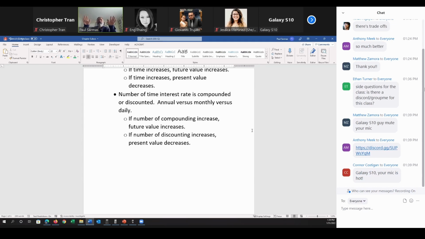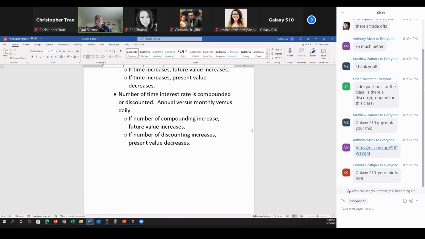So let's assume a bank can pay you 12% once a year, or 6% every 6 months. So 6% in the first 6 months, 6% in the second 6 months, that makes it 12. Or a bank can pay you 3% every 3 months, four times a year.